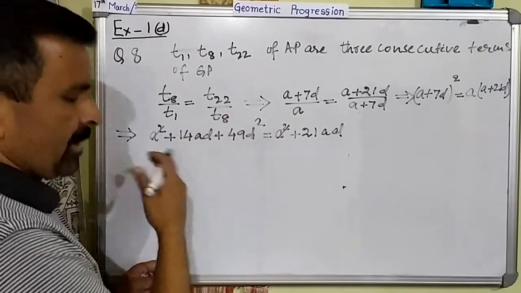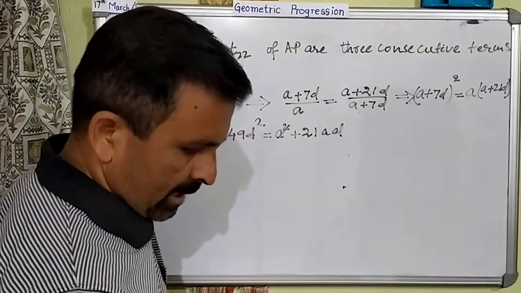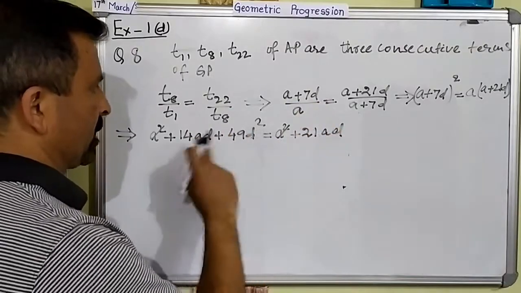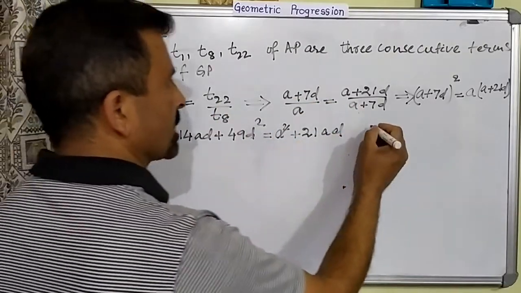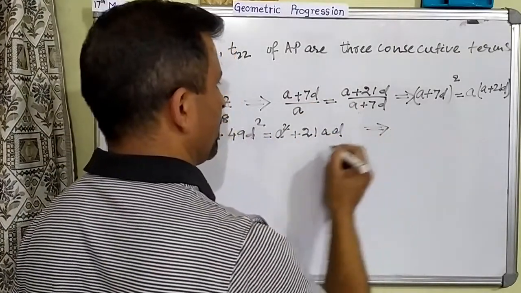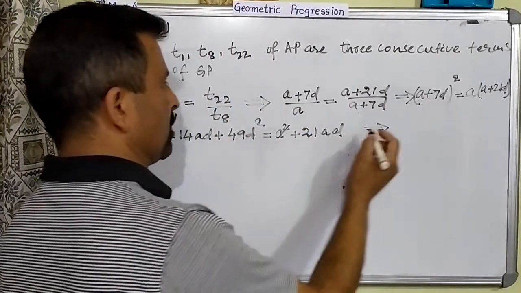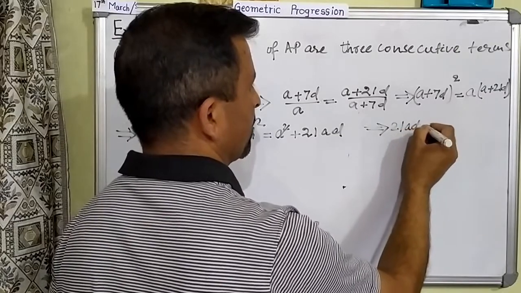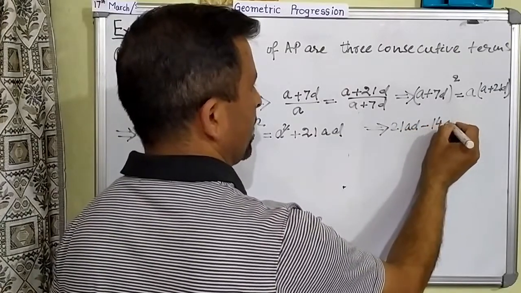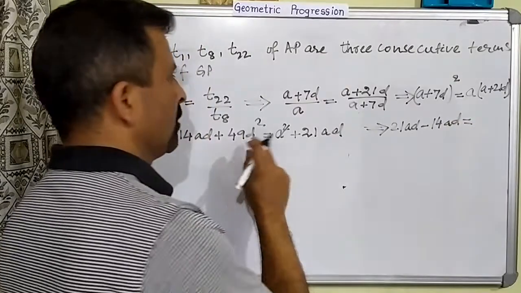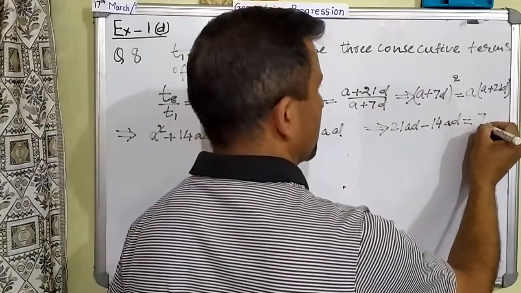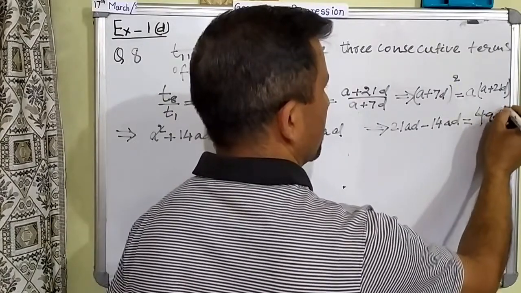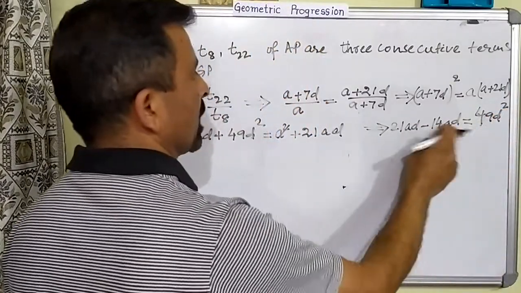Is it okay? And we can collect the like terms now. So the AD term we can take on the left hand side. When it goes to that side, it will become negative. So 21AD minus 14AD is equal to 49D square. Alright. Now these two are like terms, they can be simplified.